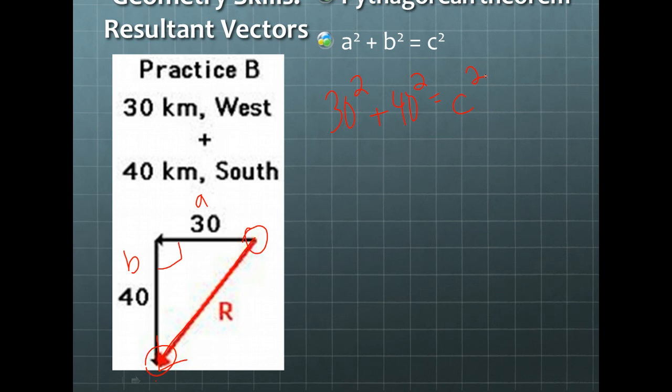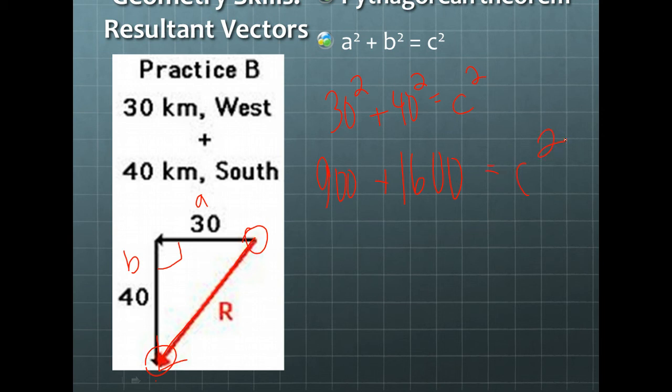And I can't do these in my head, okay? So I'm going to get my calculator out. Okay. So 30 squared, I guess I could do them in my head, but 30 squared is 900 and 40 squared is 1600.